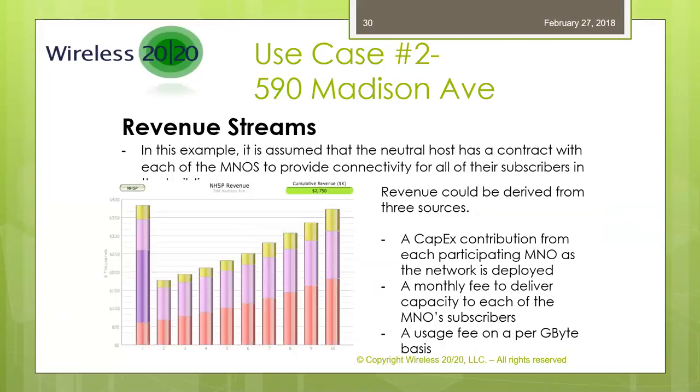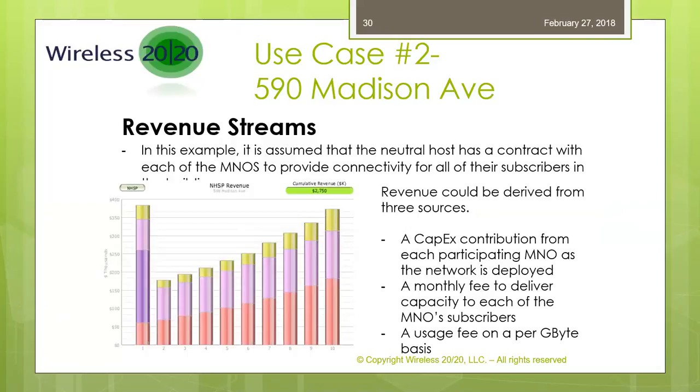So in the model, we look at revenue streams, and this is what we see is fairly typical of a building of this size. Of course, as the traffic requirements go up, the revenue certainly can increase. There are a number of different business models that can be found. Sometimes the MNOs make some kind of contribution to the Capex of the network as it's being deployed.